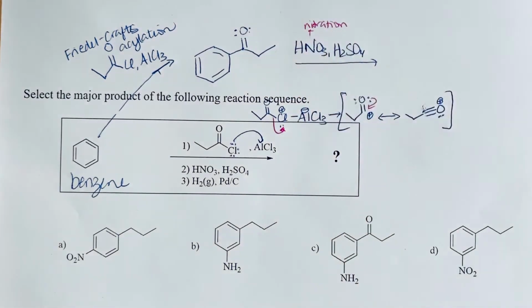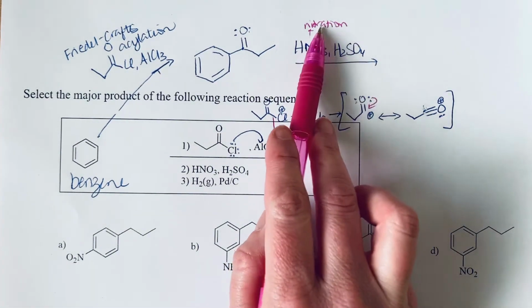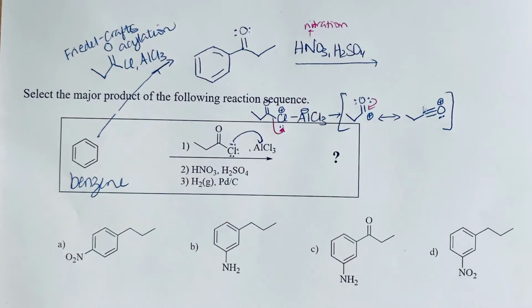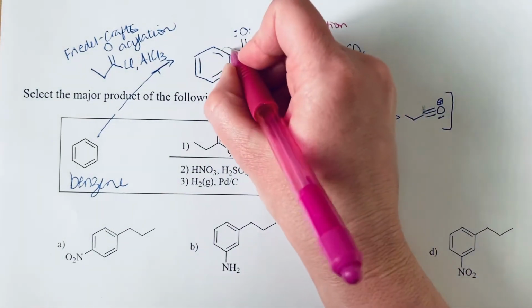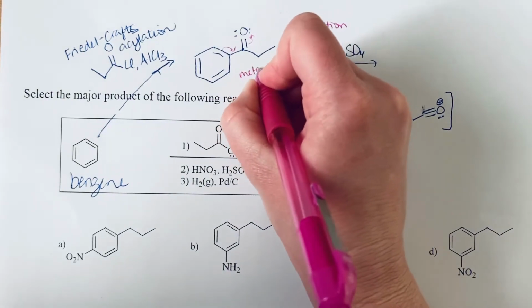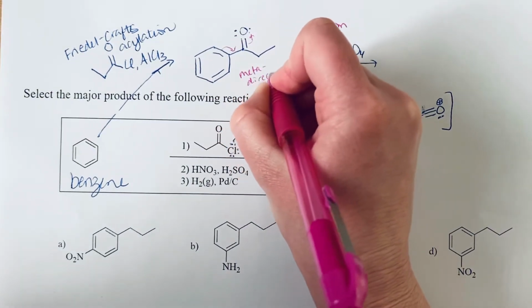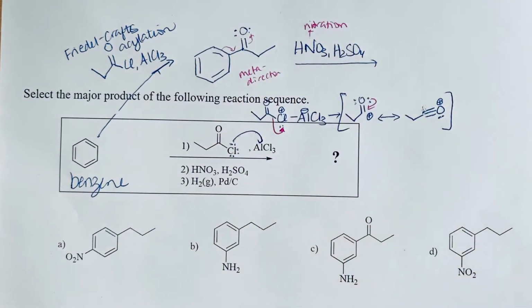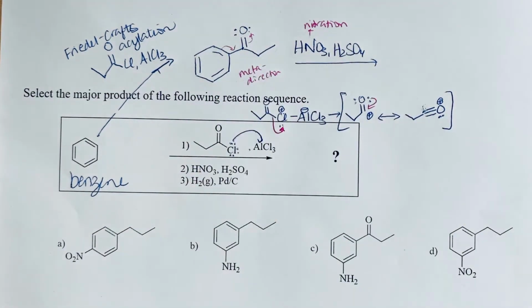This is going to add an NO2 group to the ring, and where that adds depends not on the nitro group, but on the substituent. We'd hopefully recognize that what we have here is an electron withdrawing meta director. So the nitro group is going to add meta to the acyl group.